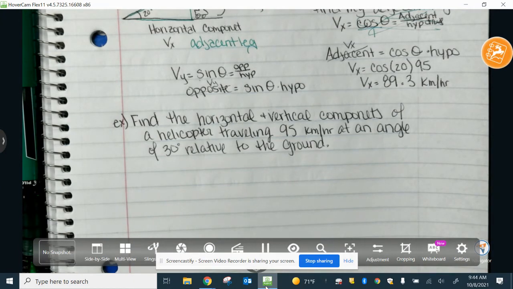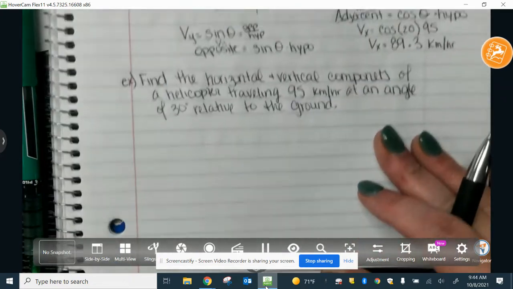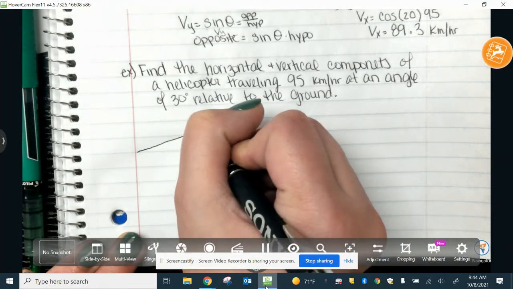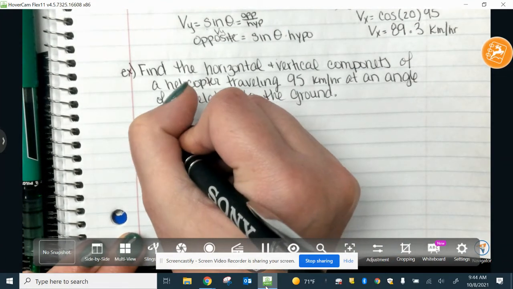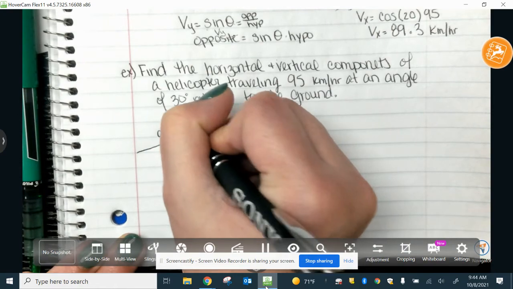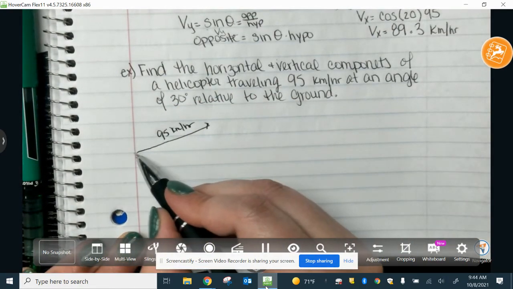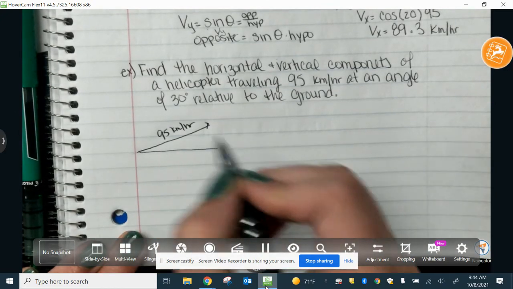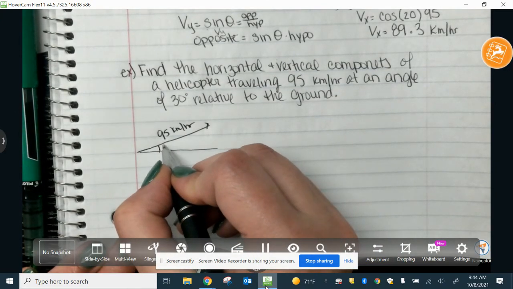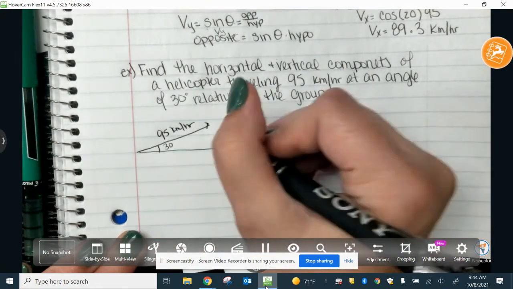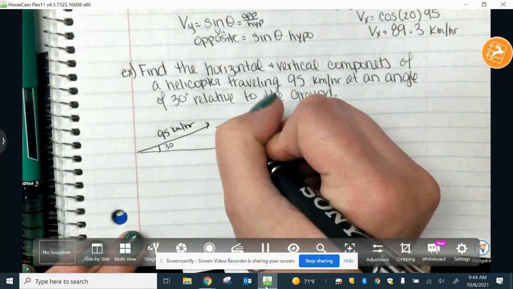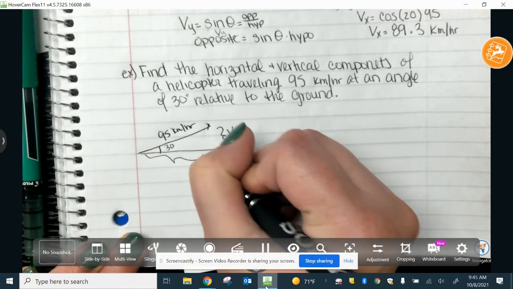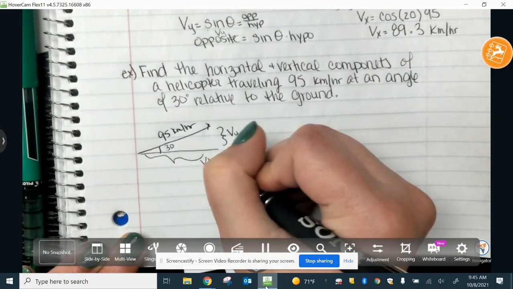I don't care how good you get at vectors, you need to provide a sketch. So my helicopter is going 95 kilometers per hour. I have my ground. Here I have a theta of 30 degrees. And I want to know my vertical components and my horizontal.